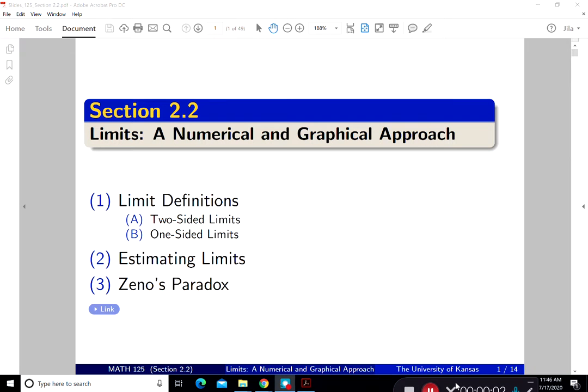We're starting section 2.2, limits: a numerical and graphical approach.